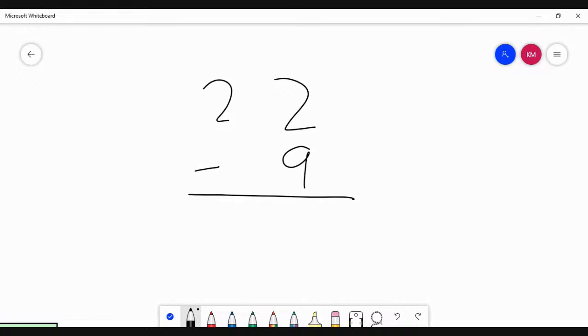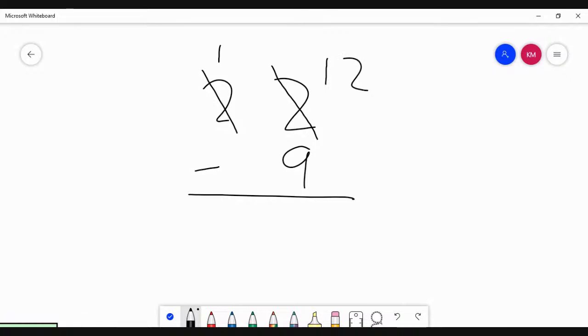Borrowing is exactly like this. You cross out your 2, you cross out your other 2. So to borrow from the first one, you'll take away 1 from the first 2, which will leave you with 1. And then you will add 10 to the second 2, which will leave you with 12.